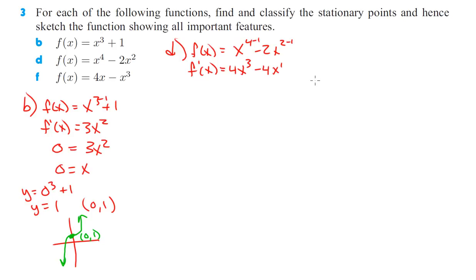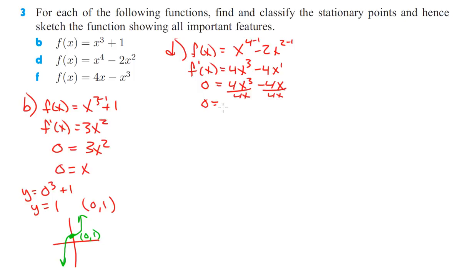Okay? And then again, finding the stationary points, this is the equation for the slope of our tangent, right? And since it's a stationary point, this has to equal 0. So 0 equals 4x cubed minus 4x. Let's start by factoring out whatever we can. In this case, we can get a 4 and an x out of both of these.